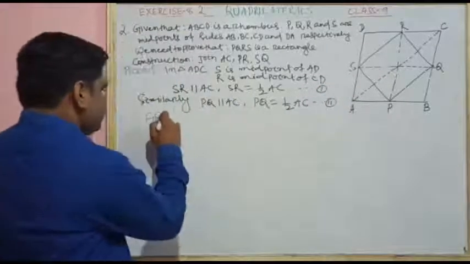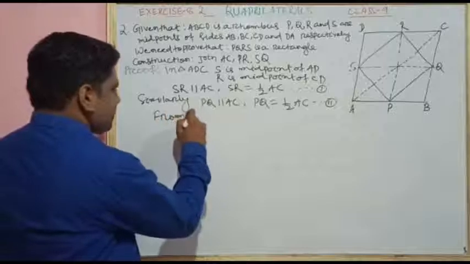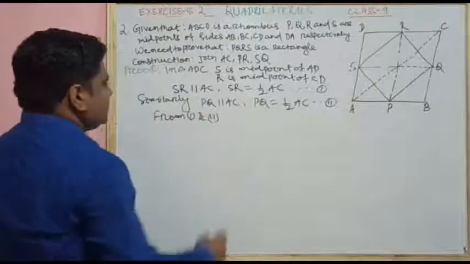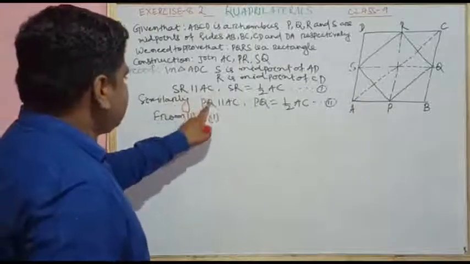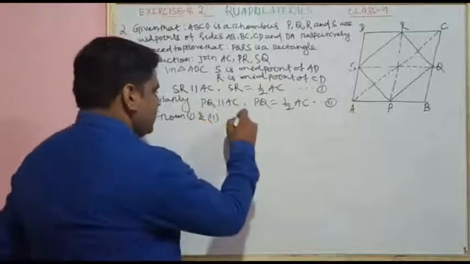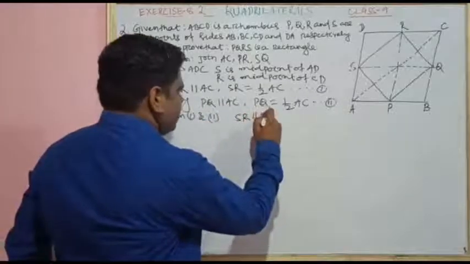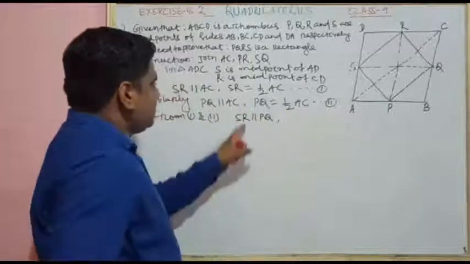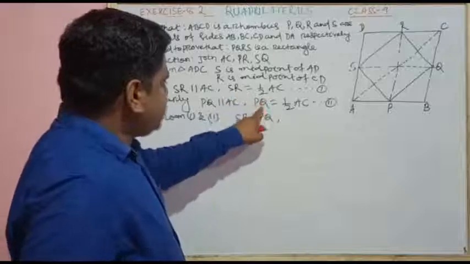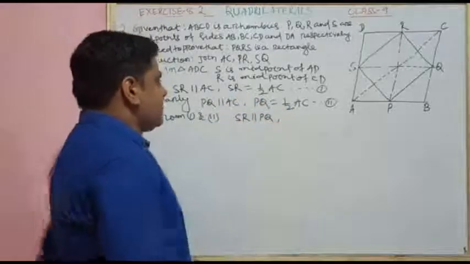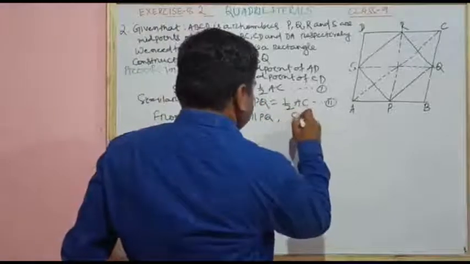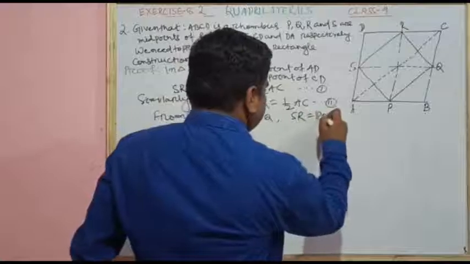From 1 and 2, see here, SR is parallel to AC, PQ is parallel to AC. So we can write SR is parallel to PQ, and SR is half of AC, PQ is also half of AC. So from here we can write SR is equal to PQ.